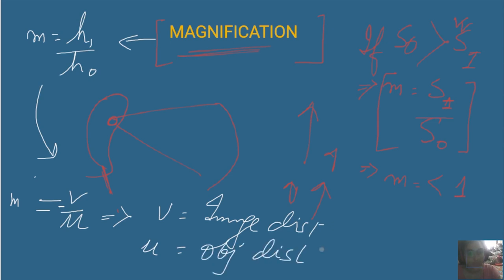So for now, the derivation is not important. You just have to remember the formula that m can also be written as minus v by u. This is going to help us when we solve sums.